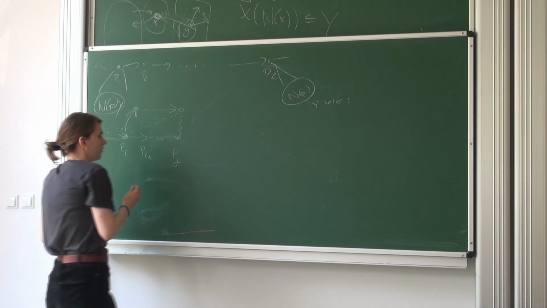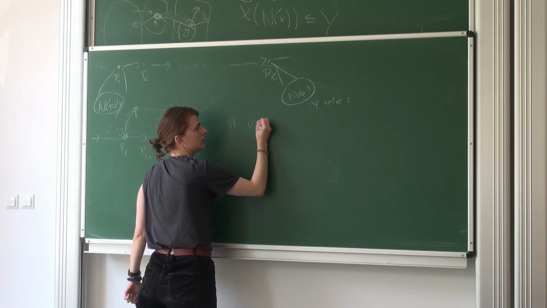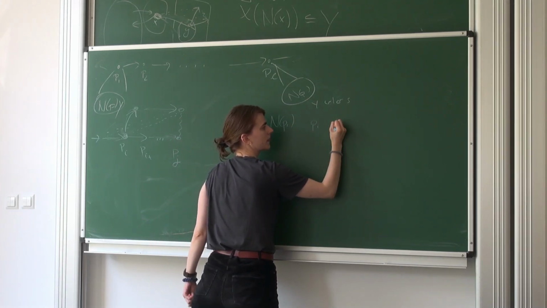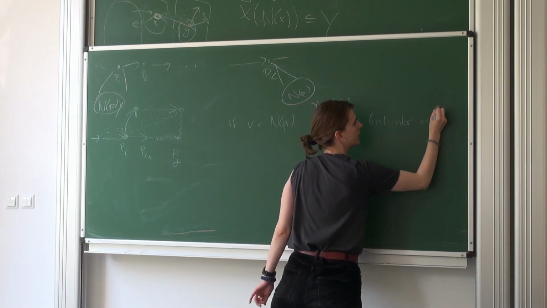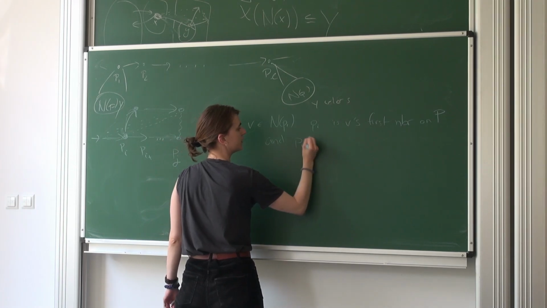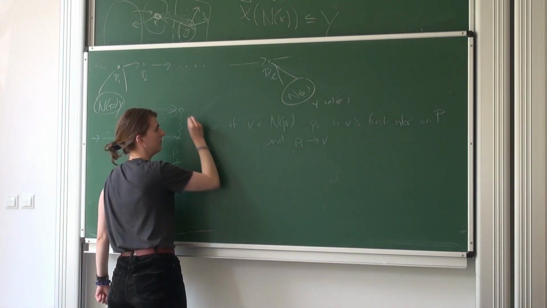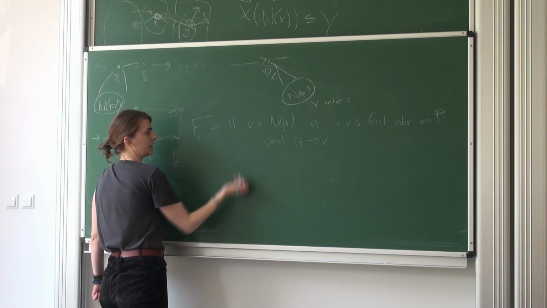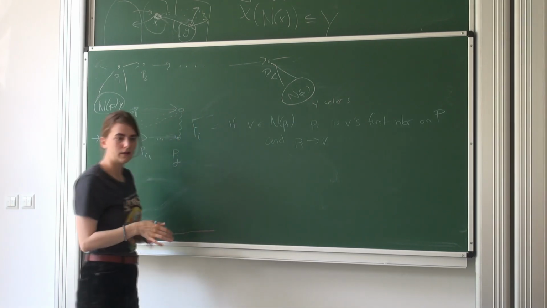If your first neighbor on P is pi, and the arc is oriented pi to v, then we're going to call it fi minus, and similarly for the other direction.